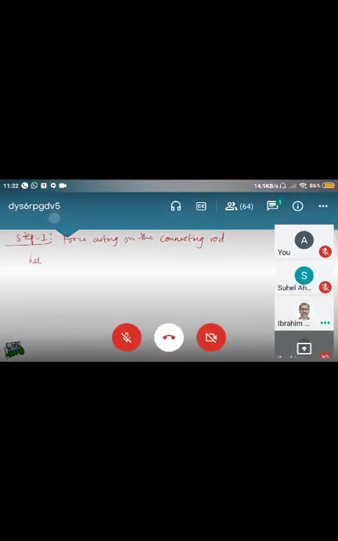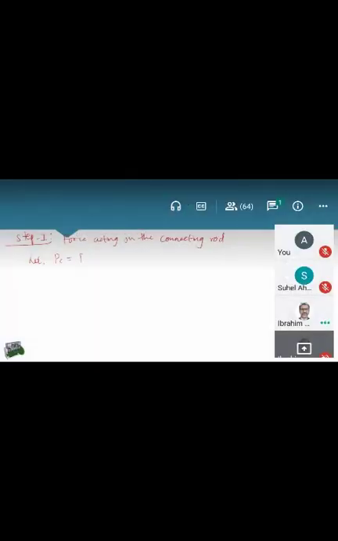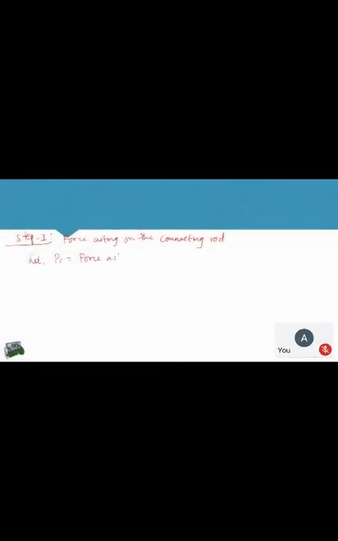Let's say PC is the force acting on the connecting rod, which is given by pi by 4 d square times P max. So from this relation you are going to get pi by 4 times 100 square times 4 megapascal.